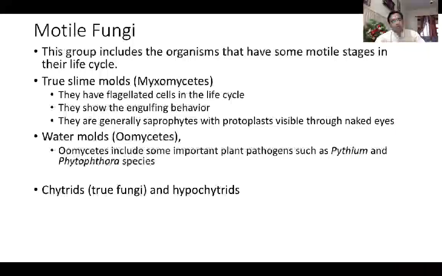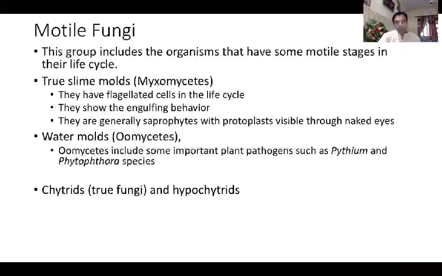Then another important group, for example, chytrids. Chytrids are the true fungi, and hyphochytrids. Actually, if I divide all these groups like true slime molds, water molds, and hyphochytrids, I can place these three groups separately in a separate group that we can call pseudo fungi.